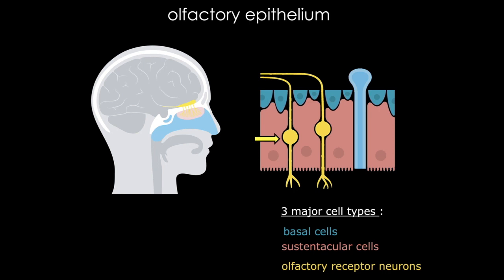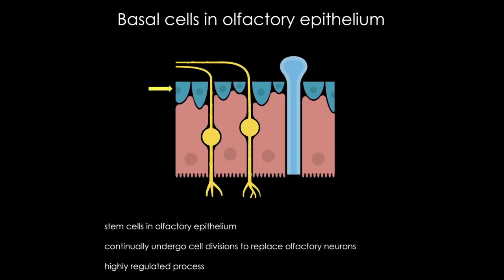Now let's look a little closer at each cell type. So here's our basal cell layer, and similar to a lot of basal cell layers, it's a single layer of stem cells that lies in the basal region right over the lamina propria. These cells are the stem cells of olfactory epithelium. They continuously undergo cell divisions to replace olfactory neurons and other cell types.